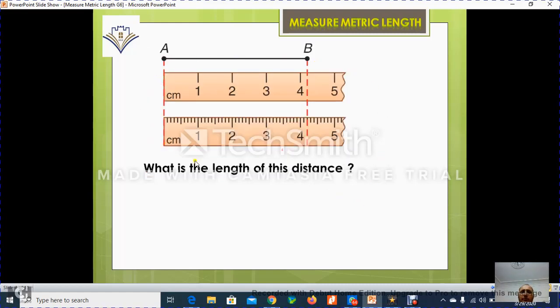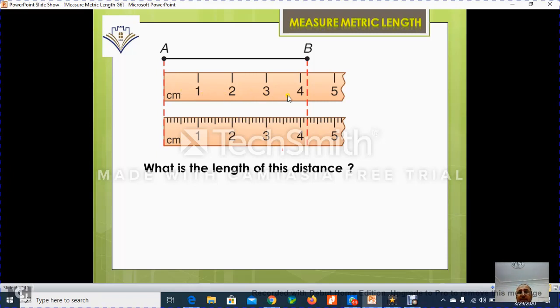We have another ruler, and my question is, what is the length of this distance? If you look at the first one here, you can see the length is here. Try to think.